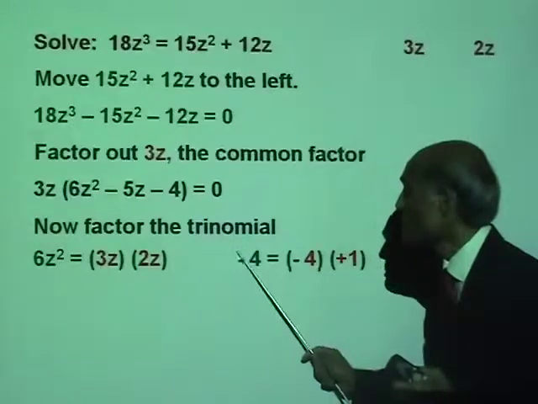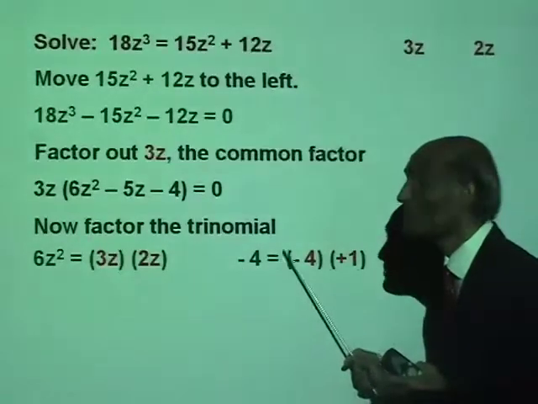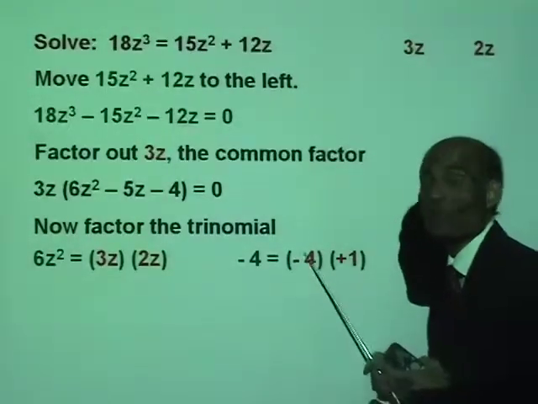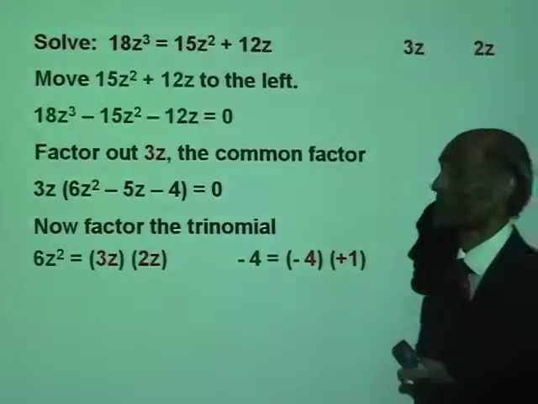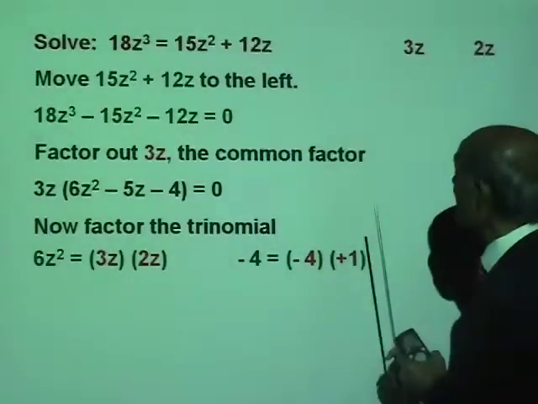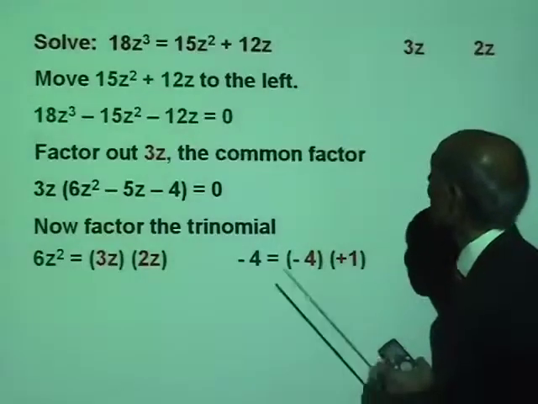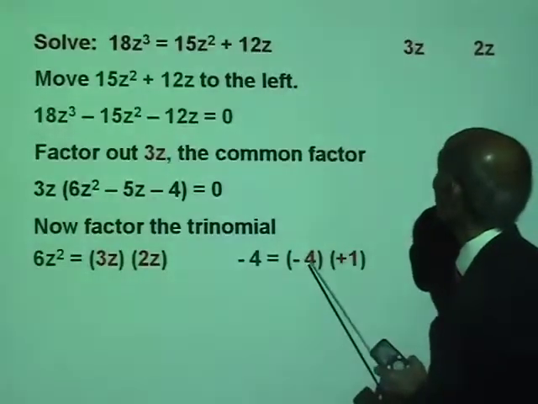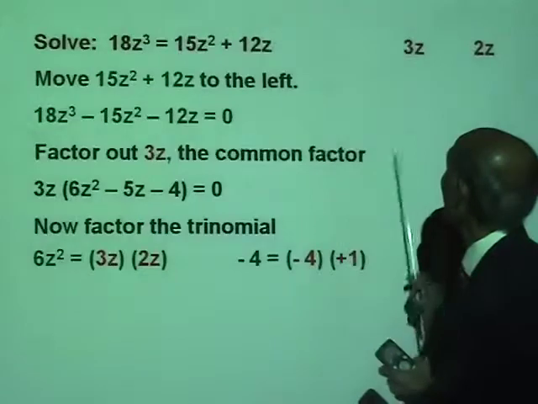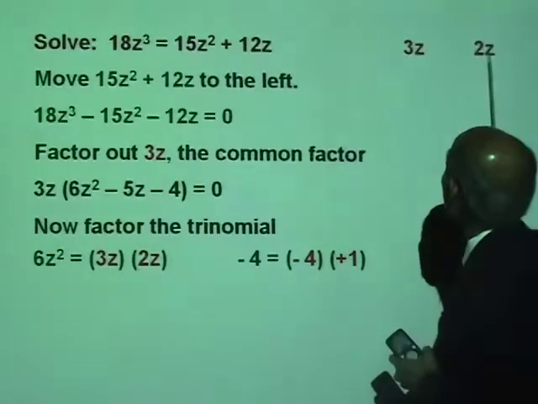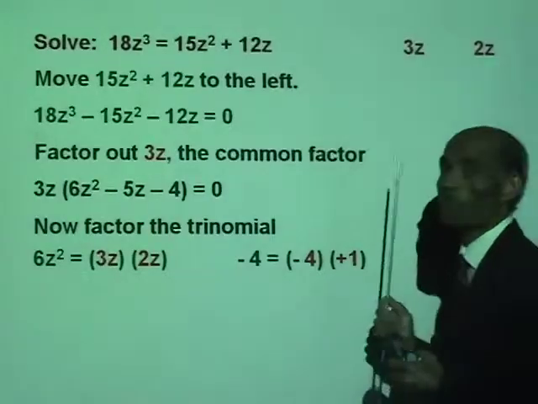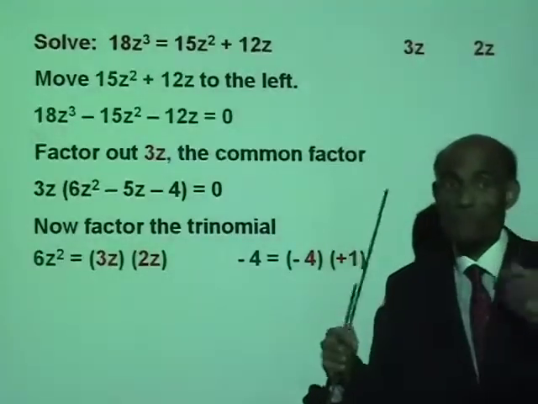Look at the way. Negative 4 is the same as negative 4 times positive 1. Now, you need to decide where to write that negative 4. Are we going to write it below 3z or below 2z? Now, you must form mental pictures.